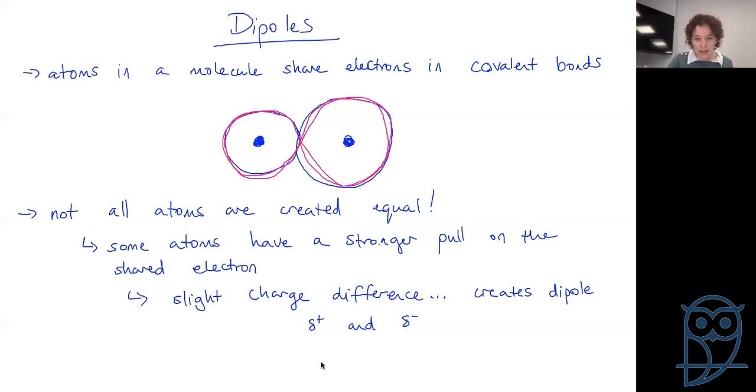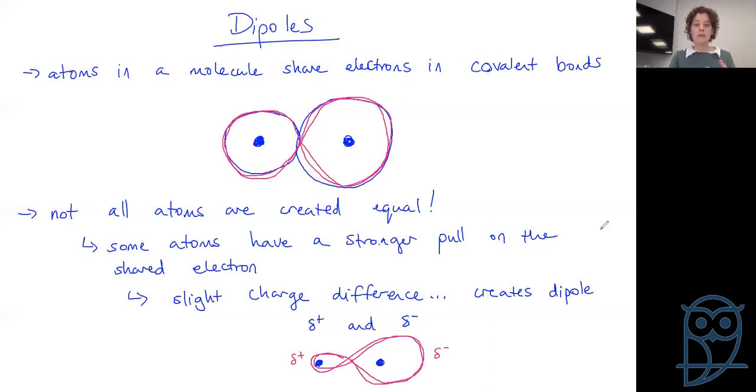So we can understand it in a biological fashion, ladies and gentlemen, not a chemistry fashion. Instead of being even, we now have our electron being very uneven. So here we would have delta minus and here we would have delta plus.